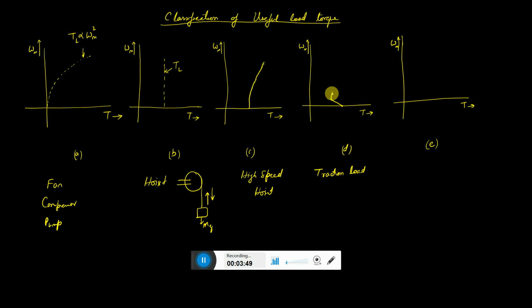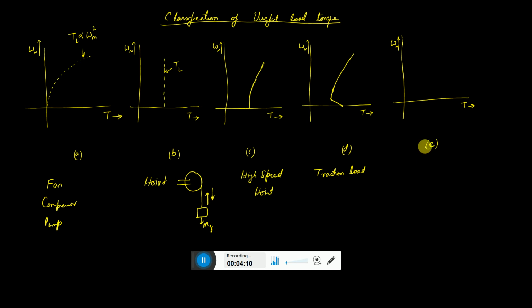Then further, if the speed is normal, then a little bit of torque is required. However, if the speed is very high, then the torque requirement will be much more. So this is how the traction load speed torque characteristic curve looks.